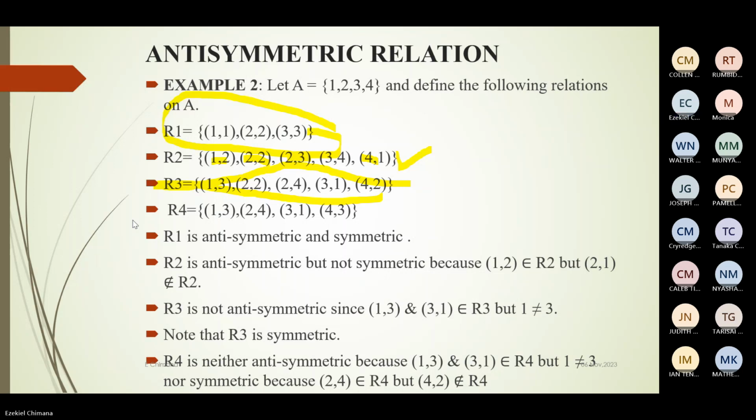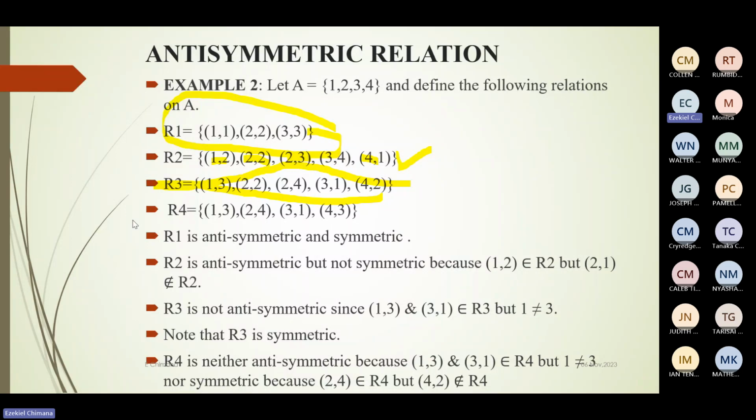Yes, Tarisai can contribute. The answers are there. You can unmute yourself. Okay, yeah, I think we've got the same scenario here. (1, 3) and (3, 1) are existing in our relation. Exactly. That's correct. Thank you.